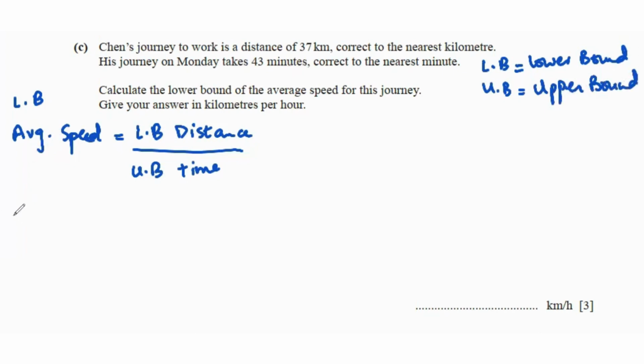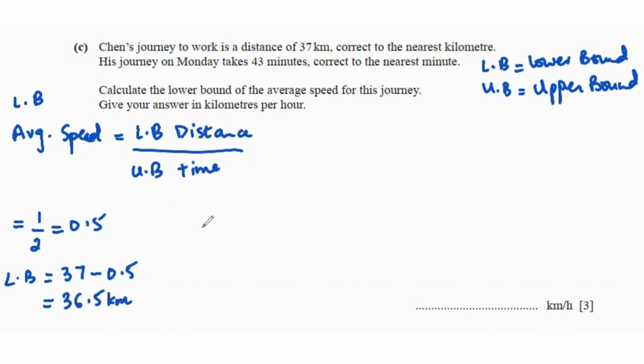So for the degree of accuracy for distance, that's going to be 1 divided by 2, which is 0.5. So lower bound would be 37 minus 0.5. Since it's lower bound, we subtract the degree of accuracy from the measurement. So that's going to be 36.5 kilometers. And for your time, your degree of accuracy is to the nearest minute. So we do 1 over 2 again. That's 0.5.